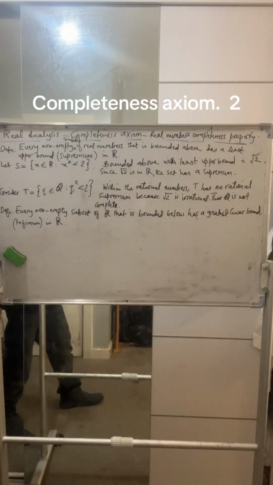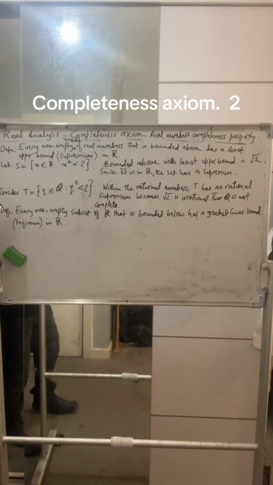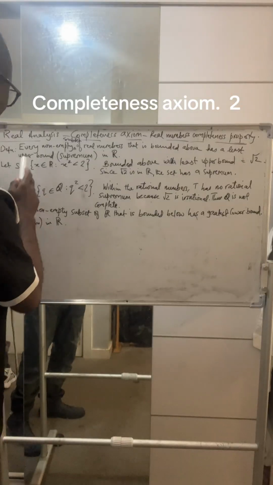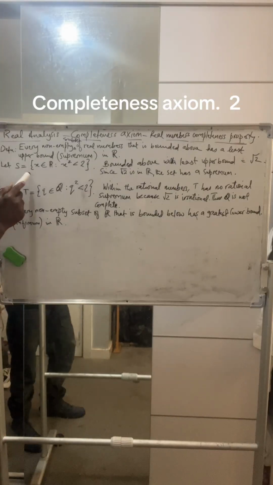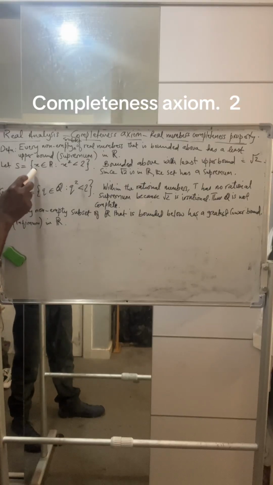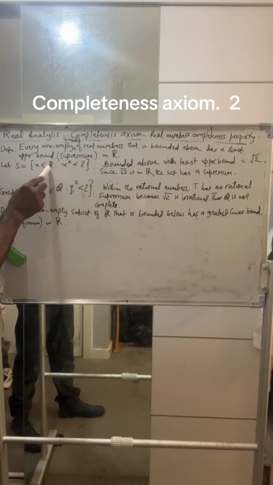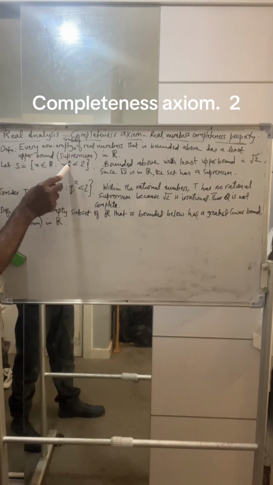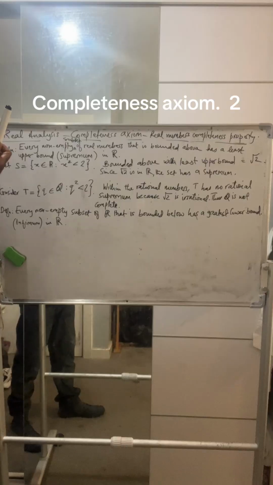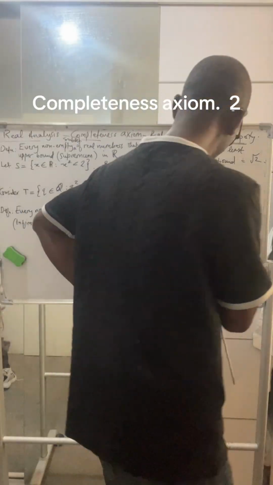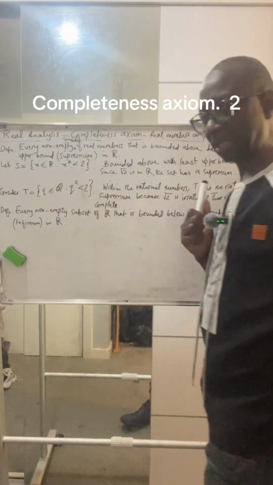So now let's look at this set here we have, set S: X is in the real numbers, such that X squared is less than 2. Now the question is, is this set bounded above?